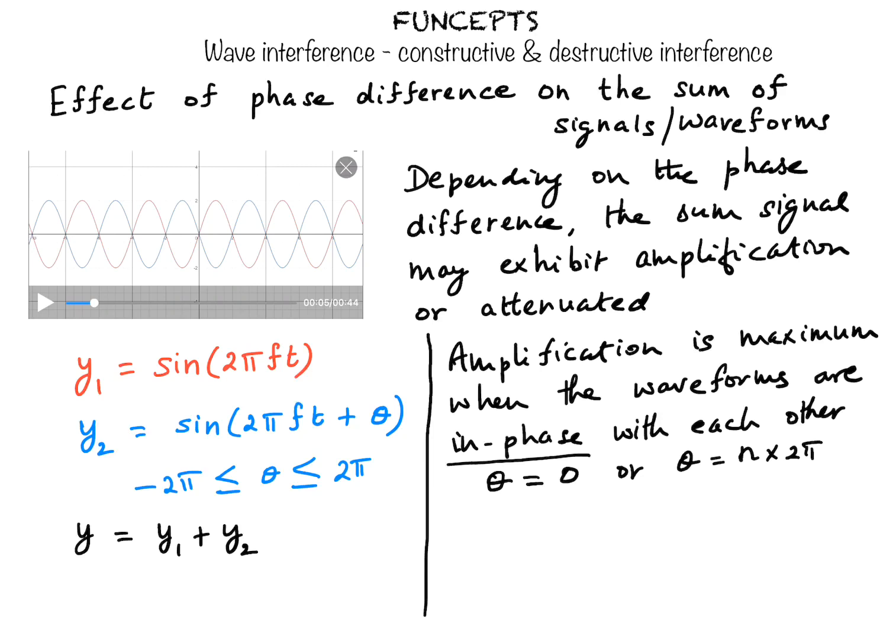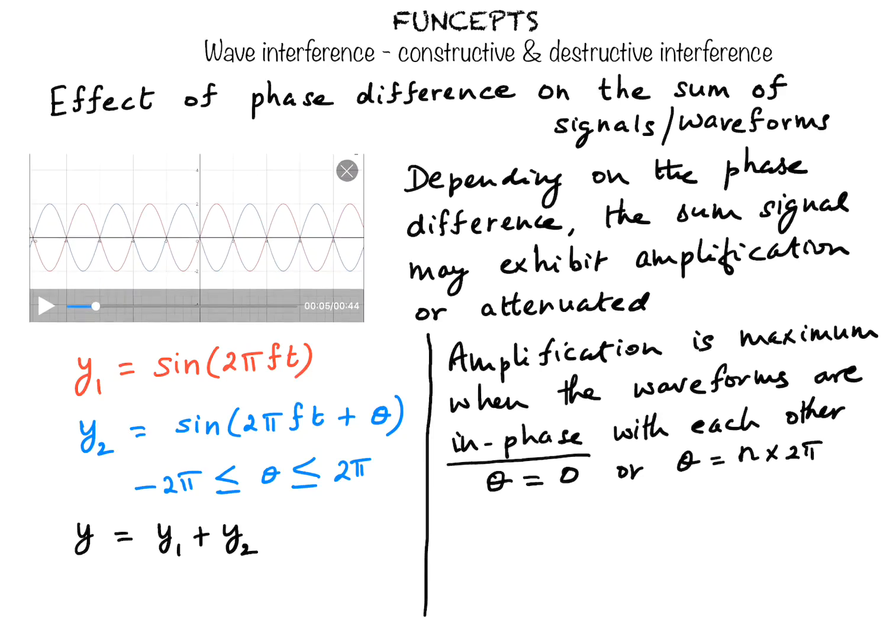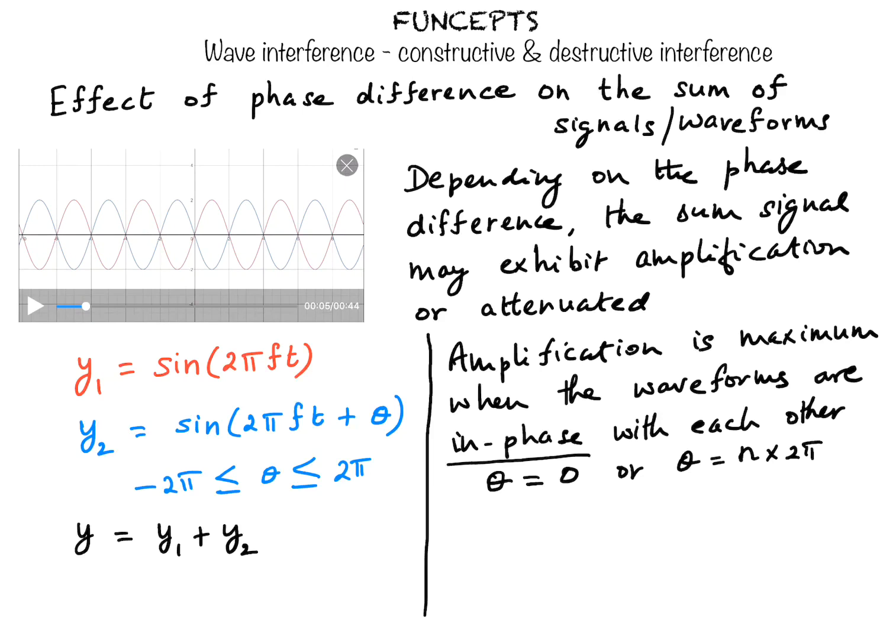Now when the two waves are out of phase with each other, as in this image, it is completely out of phase. When it is out of phase, it means the phase difference between the waveforms is 180 degrees or pi. That is when the attenuation is maximum.